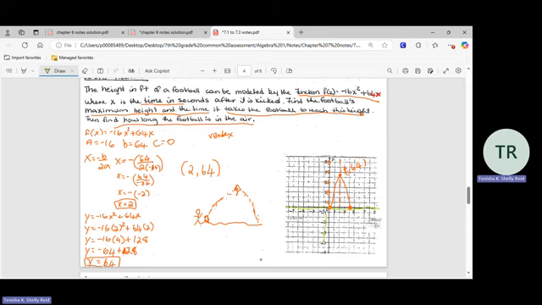Ball starts, ball gets kicked, ball goes up in the air, ball comes down and stops. If I go into the negative realm, I'm going underground. And if I go into the negative realm here, I'm going into negative time. So now there is a definitive domain and range, and where you're increasing or decreasing.